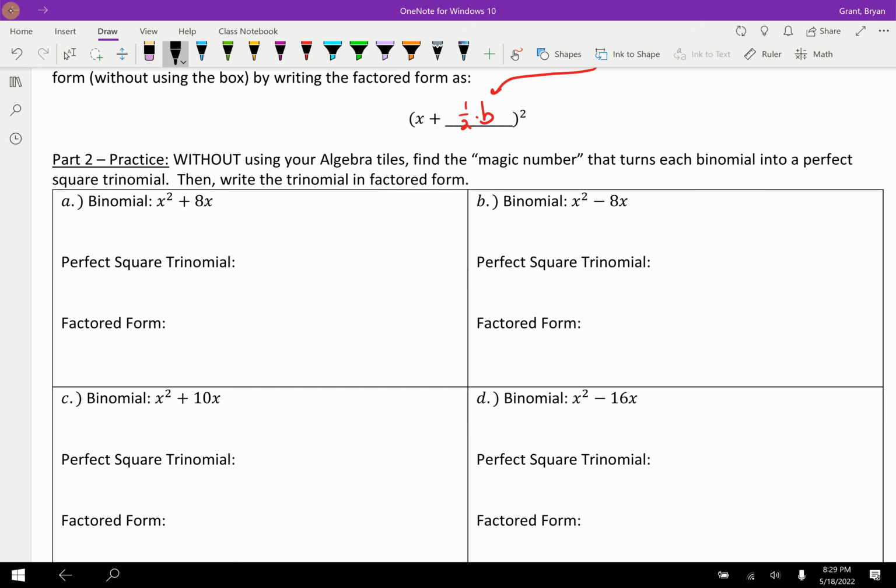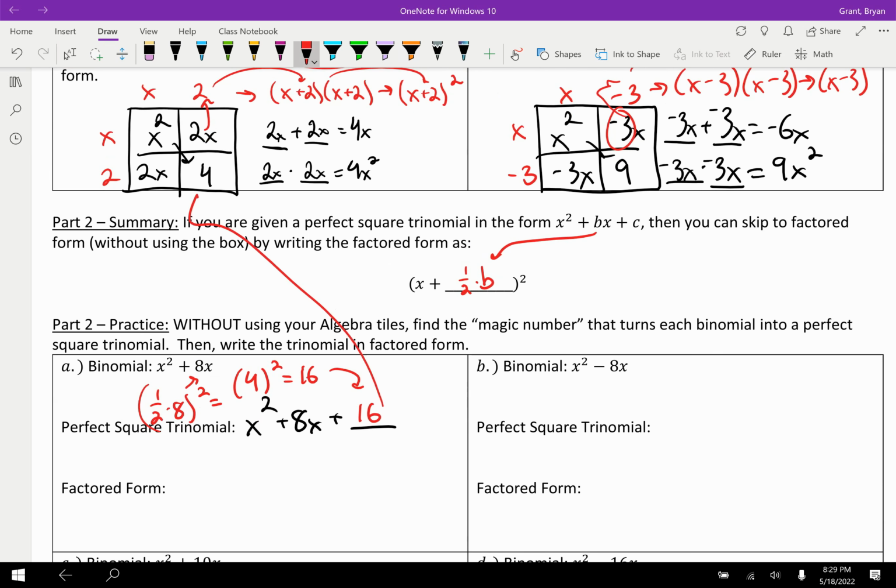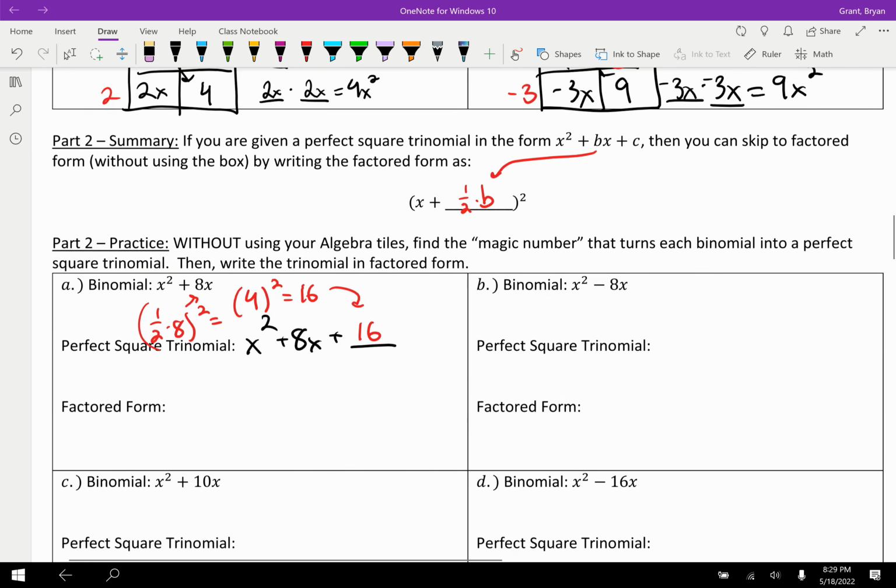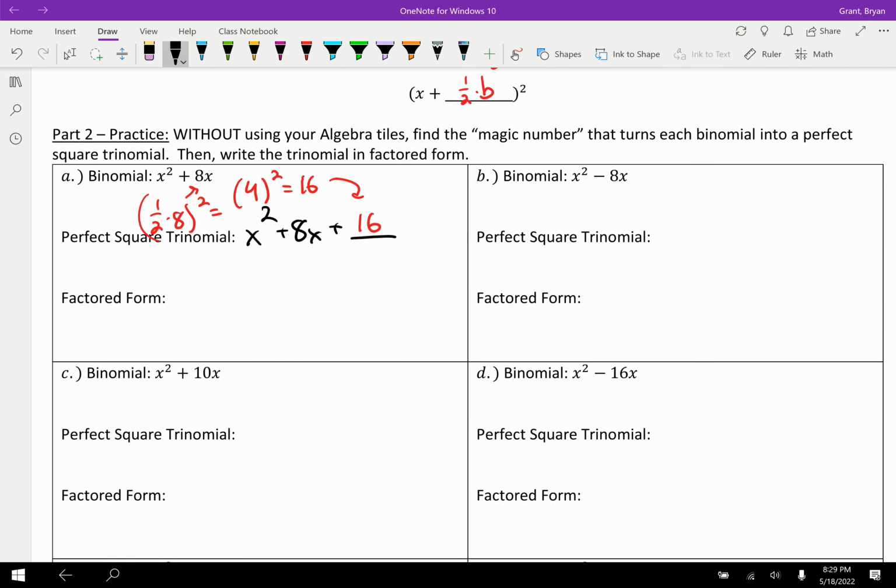So the first thing we want to do is x squared plus 8x plus the number that makes this a perfect square. And we know how to do that. Our number, we just take half of 8 and then square it. Half of 8 is 4. 4 squared is 16. So x squared plus 8x plus 16 is a perfect square. Then you could use the box method up above, but now that we know our shortcut, with this perfect square trinomial, we can skip right to our factored form.